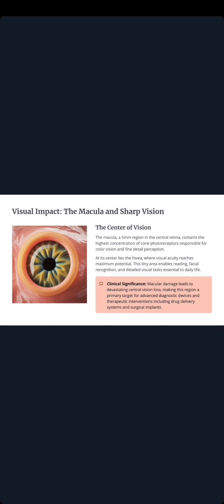It's a 5 millimeter region, I mean the diameter is 5 millimeters, in the central retina that contains the highest concentration of photoreceptors. These photoreceptors are responsible for color vision and for detailed perception of what you see through your eyes. So this is the most important part of the eye.